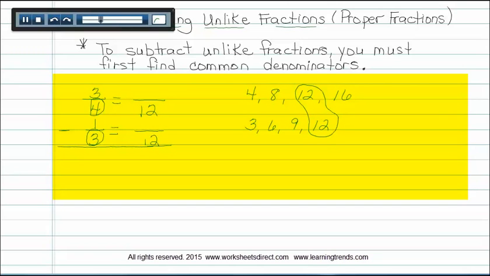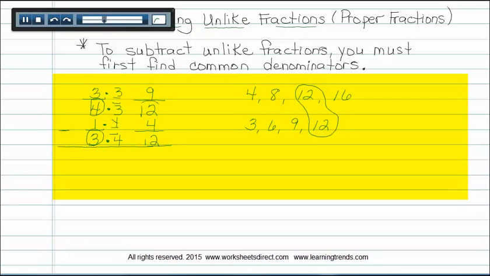And so we want to create our equal fractions, and we know that 4 times 3 is 12. Therefore, we must multiply the numerator by that same 3, and 3 times 3 is 9. 3 times 4 is 12, and we'll multiply the 1 times 4, which gives us 4. We now have two proper fractions with common denominators.